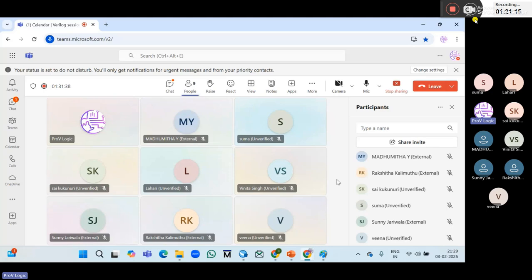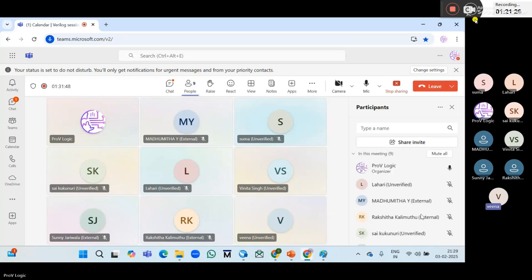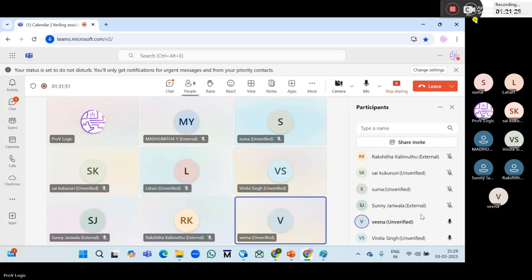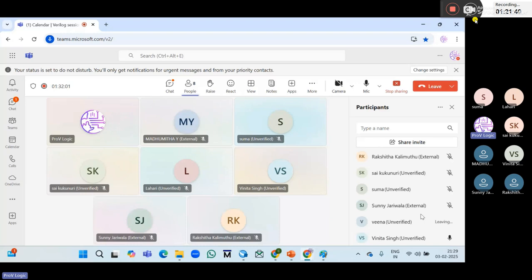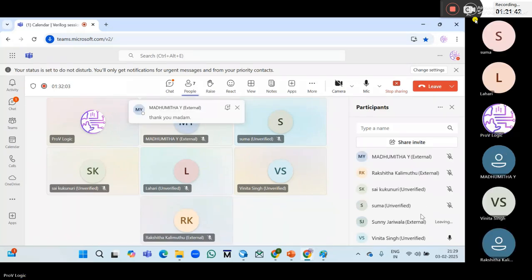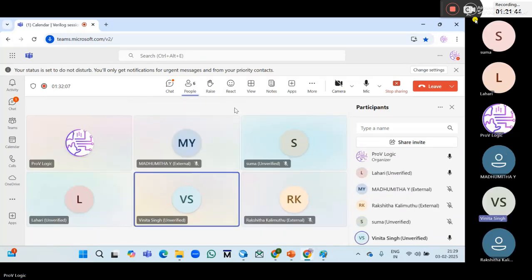Suma and Rakshita have doubts in the tool, right? So remaining all can give. Will you be sharing this recording? Yes. Through email? Yes. Okay, thank you all. Remaining Lahari, any doubts? Vinita, Sunny, Sai. Okay, fine, till now. I'll do the assignments and will let you know.